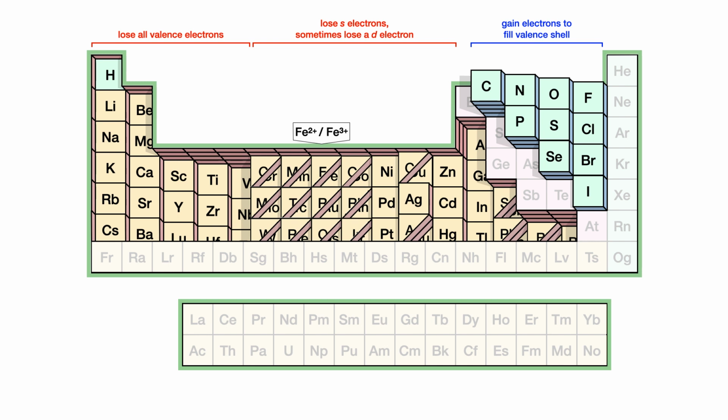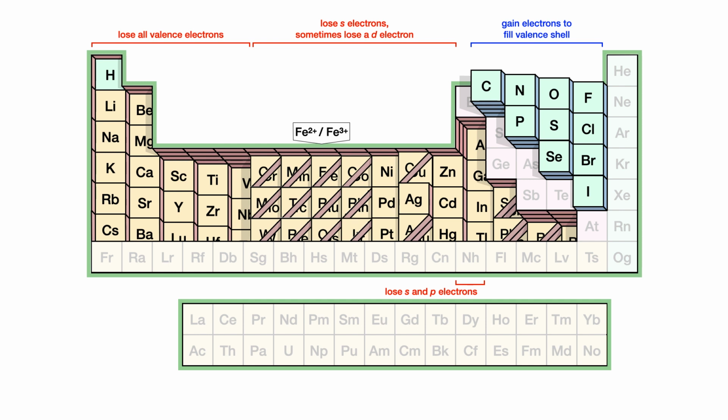And then once you get back into the p block, aluminum and the metals below it tend to hold on to their d electrons, just like those transition metals, but they will lose their s electrons and the p electron that's in aluminum, gallium, indium, and thallium.